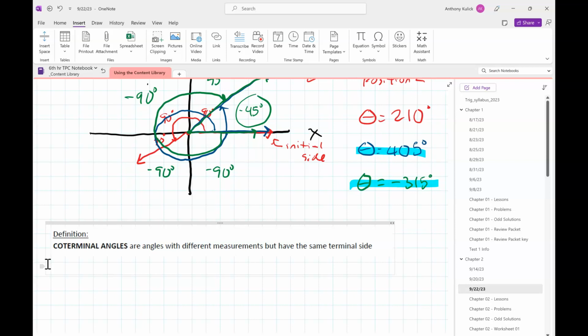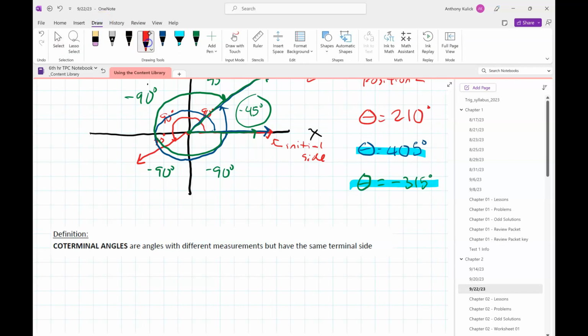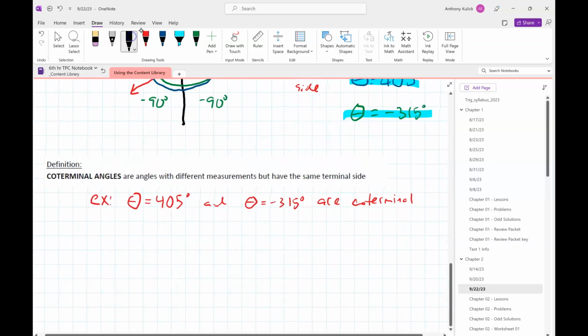So for example, we saw that 405 and negative 315 are coterminal. I'm going to draw two separate pictures here of these just to kind of illustrate that again.